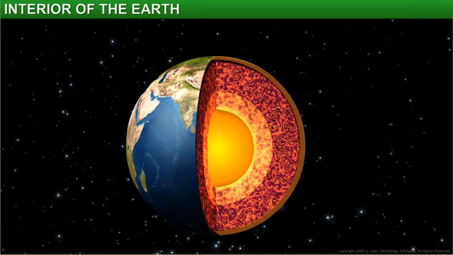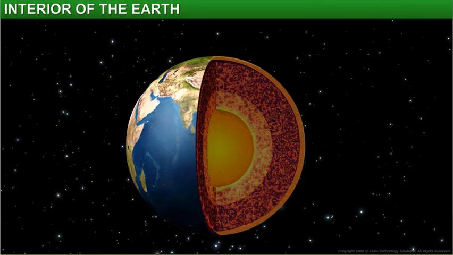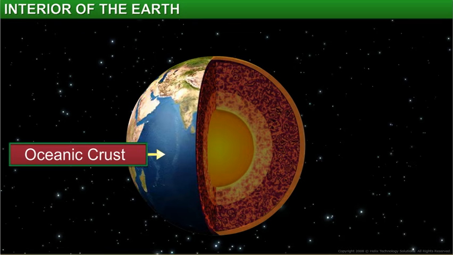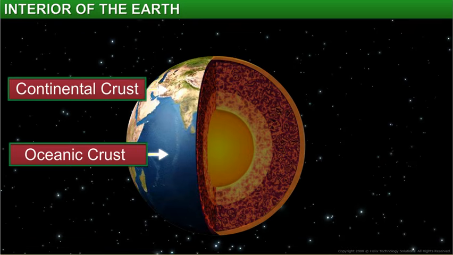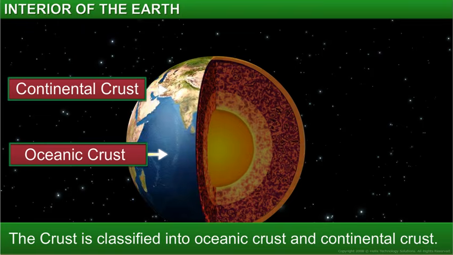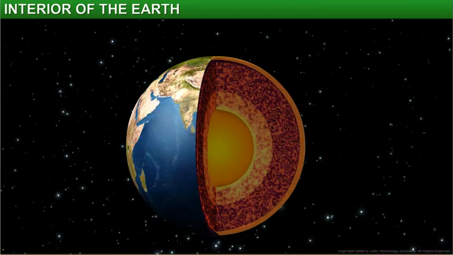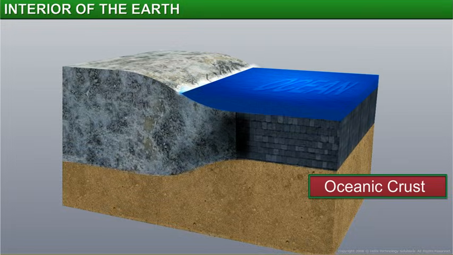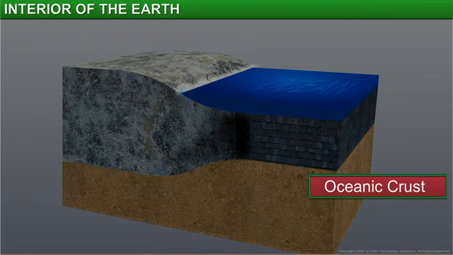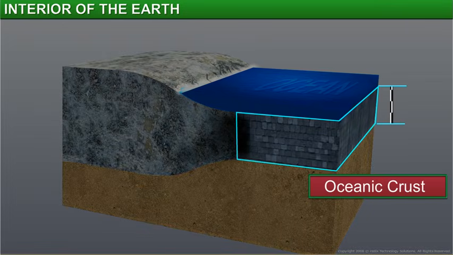The topmost layer, the crust, is the thinnest layer. This layer can be classified into oceanic crust and continental crust. The oceanic crust, that is, the crust beneath the oceans, is only about 5 kilometers thick.